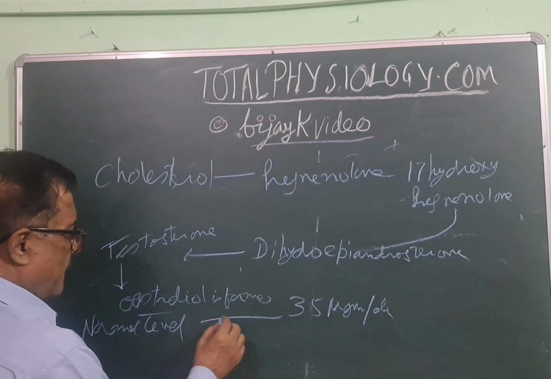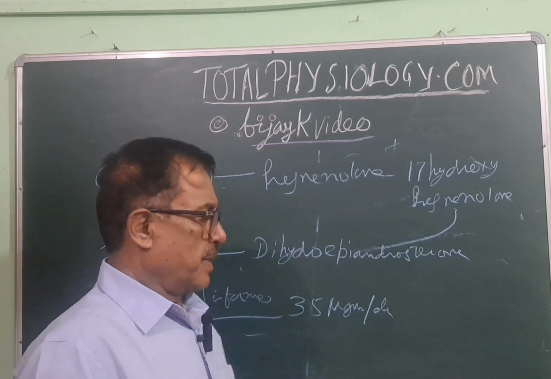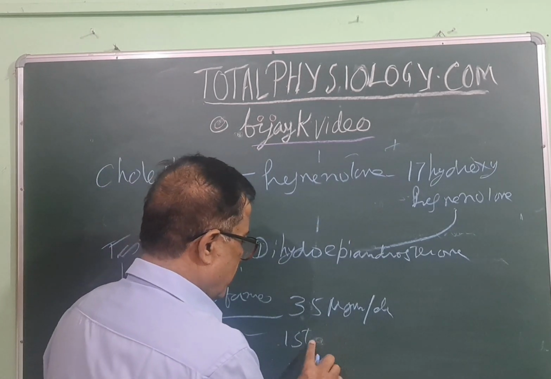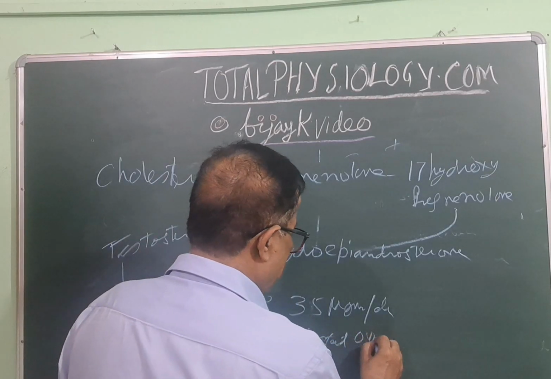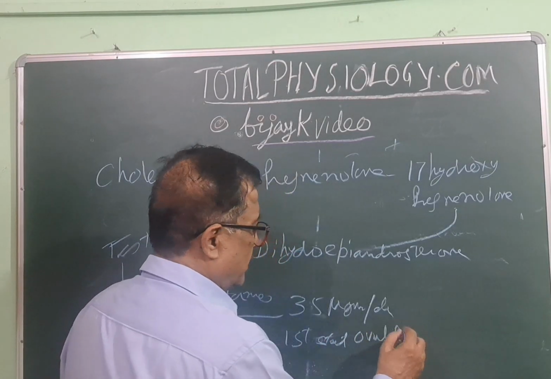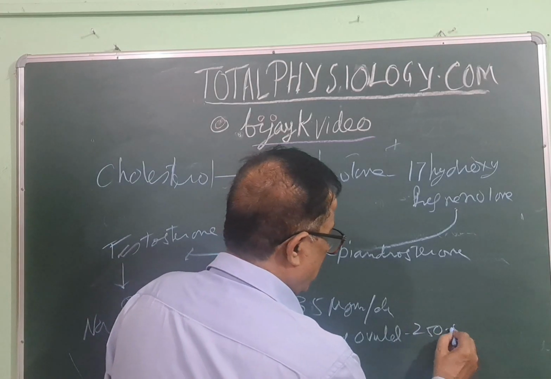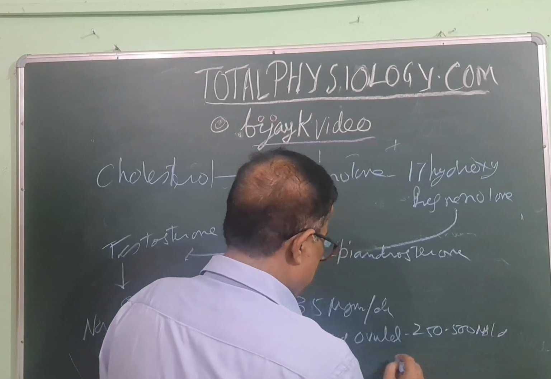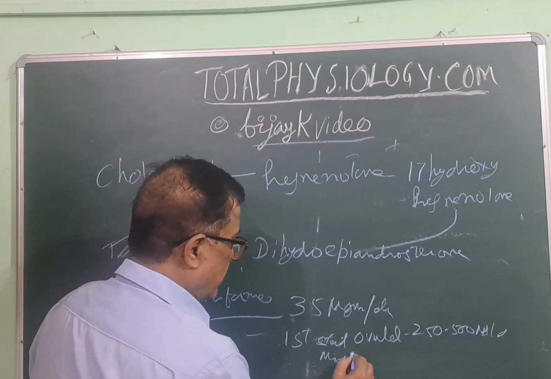During puberty there are two peaks. First, just before ovulation, the level is 250 to 500 microgram per day. Then second, in mid-luteal phase.